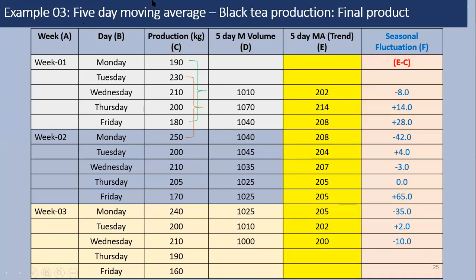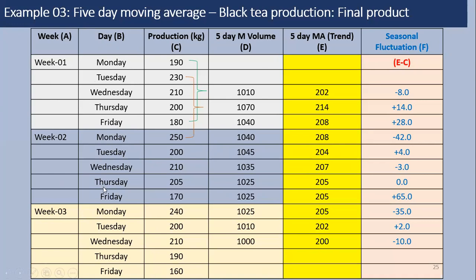And for the 5-year moving average, please pay attention to this one. This is very important. This is data obtained from a black tea manufacturing company. We have considered 3 weeks, and there are 5 working days for this company. They normally work from Monday to Friday.